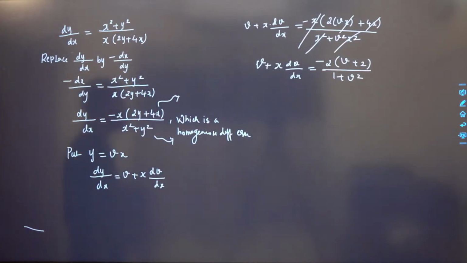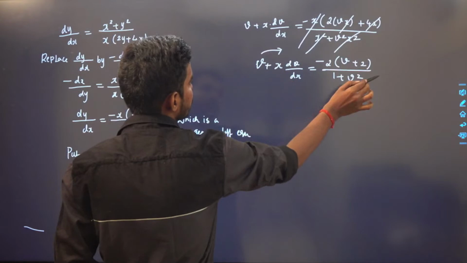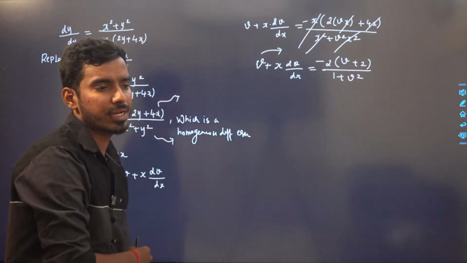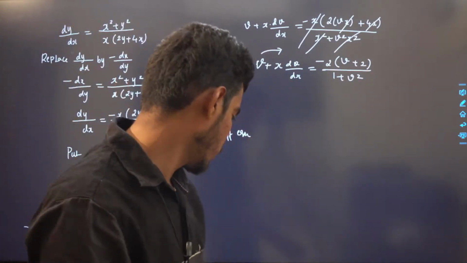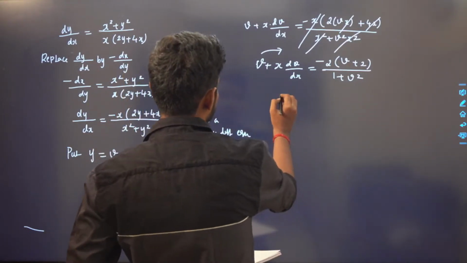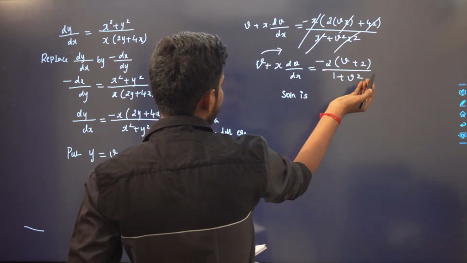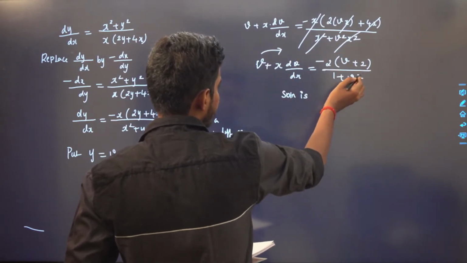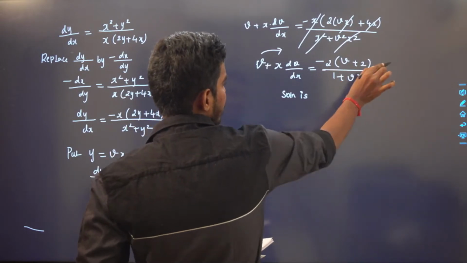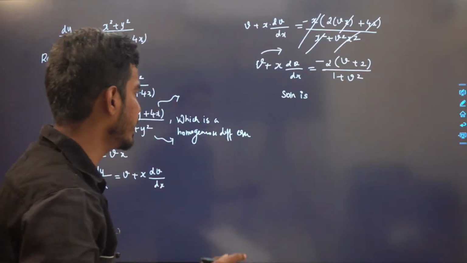From now on, it is very simple. You just have to take this v to that side, so this will be minus v, multiply throughout, separate dv and dx, and integrate; you will get the answer.